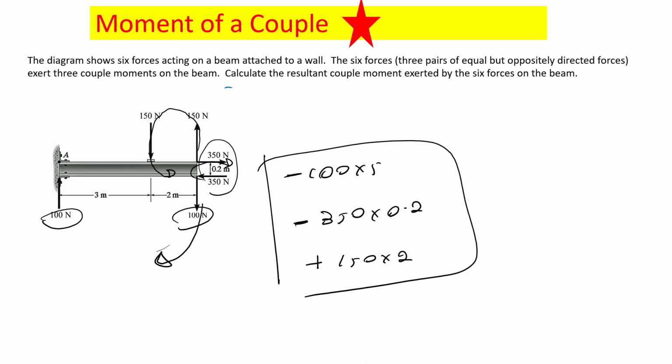So you see that one? That one is 70, so 70 plus that one should not be 70. It is negative 270.